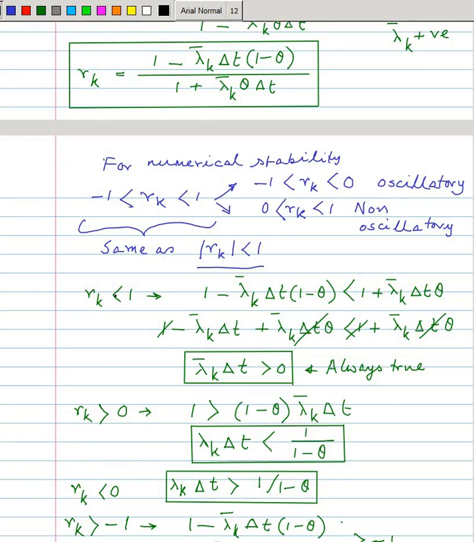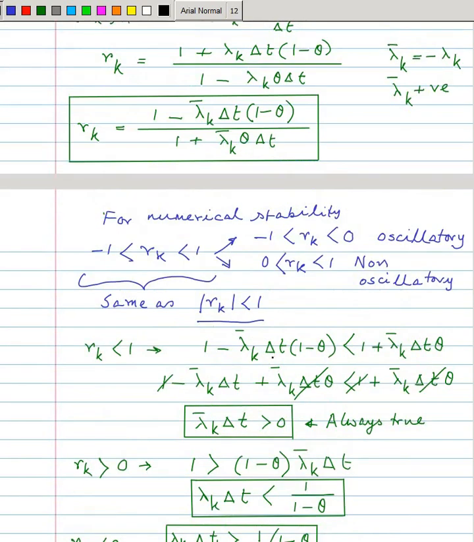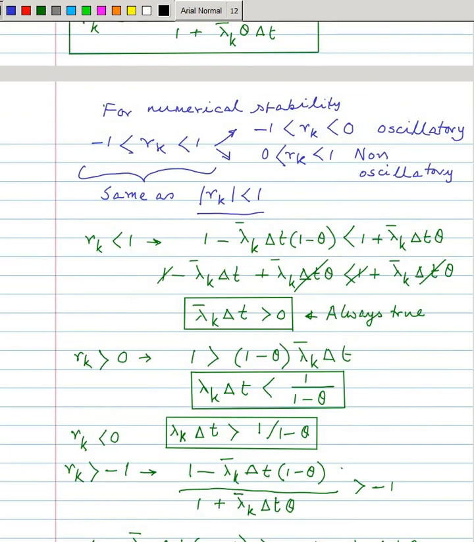Now if R_k is less than 1, then your numerator has to be less than the denominator, and from that you get lambda_k bar delta t greater than 0, and this is always true because lambda_k bar is always positive and delta t, the time step, is also positive.